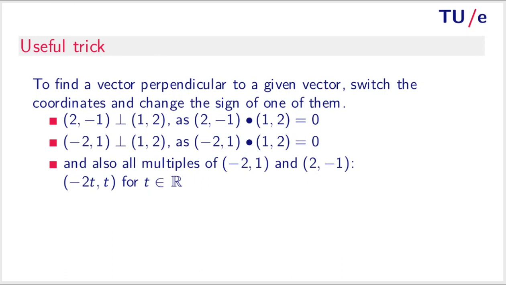So if we start with (1, 2), we just switch them around. It's (2, 1), and put a minus 1 for the last coordinate, and find (2, -1) to be perpendicular to (1, 2). (-2, 1) is also perpendicular to (1, 2). Indeed, the inner products are 0. And also all multiples of (-2, 1) or (2, -1) are of course perpendicular now to (1, 2).